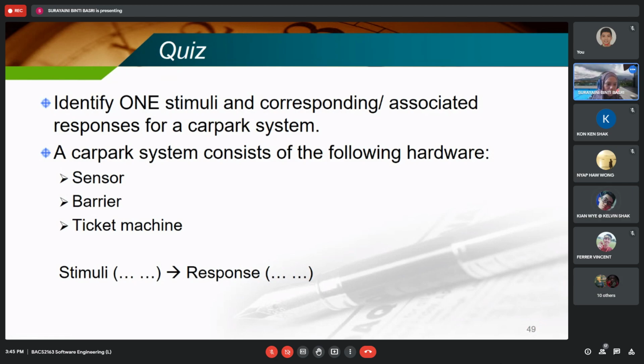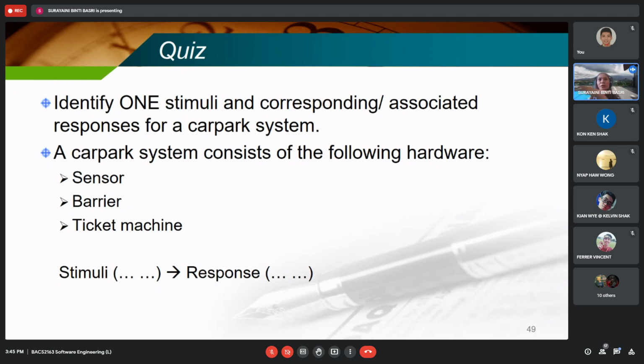The sensor. Yes, the sensor is one of the stimuli, right? What sensor? The weight sensor, in the car park. How do you check the car is there? You mean the weight of the car?